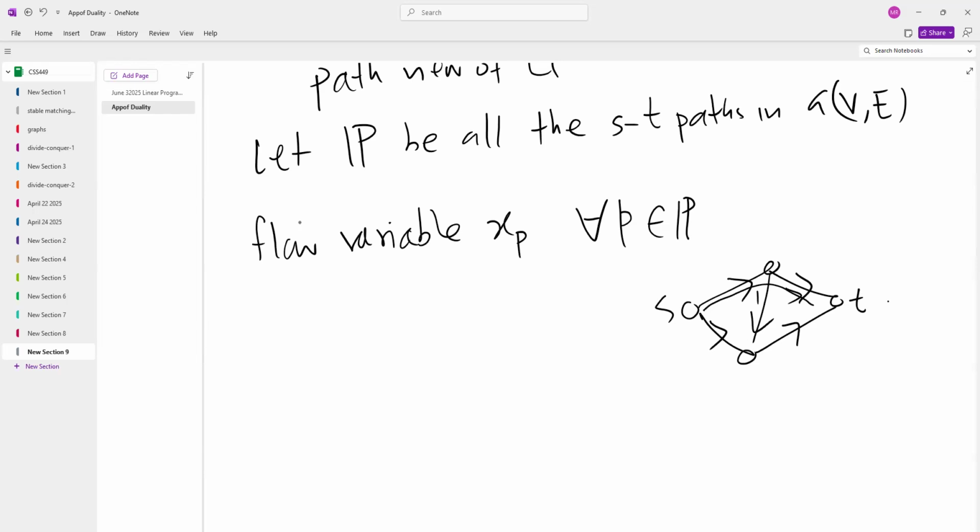That's a flow path with value 1. And then I can have another flow that goes through here, and that could have value 2. Now if that path has value 2, that means the total flow on this edge is what? 2 plus 1. The other path also carries 1.